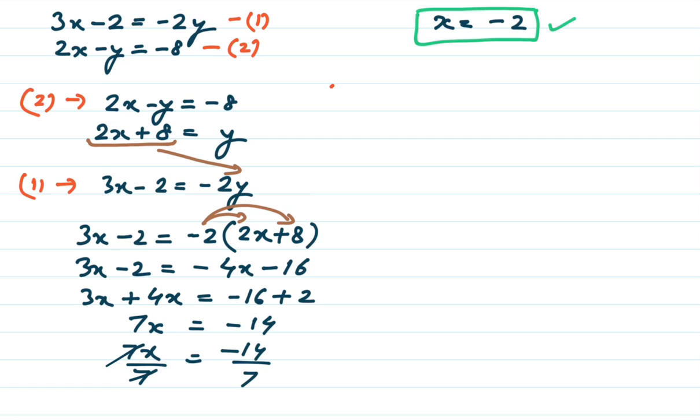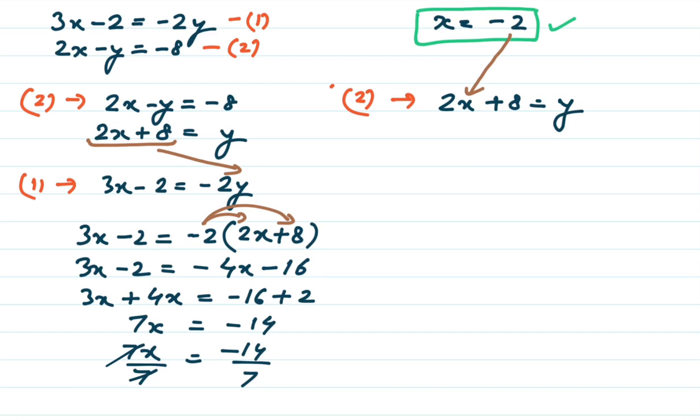Now starting with the second equation, we have 2x plus 8 equals y. So I'm going to replace the x that I just now got into this place.